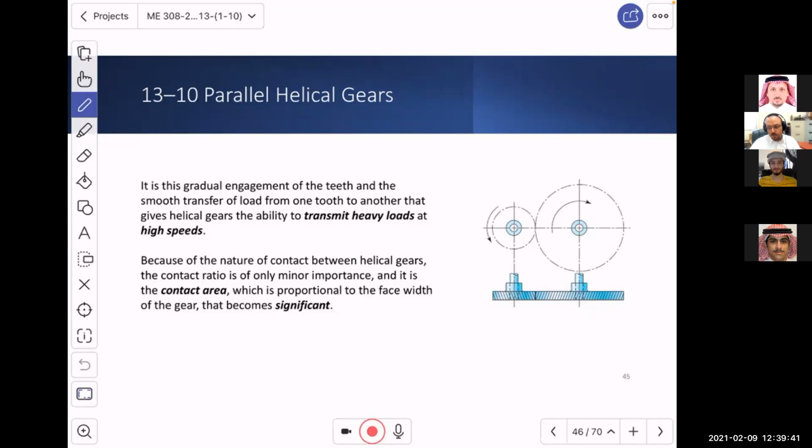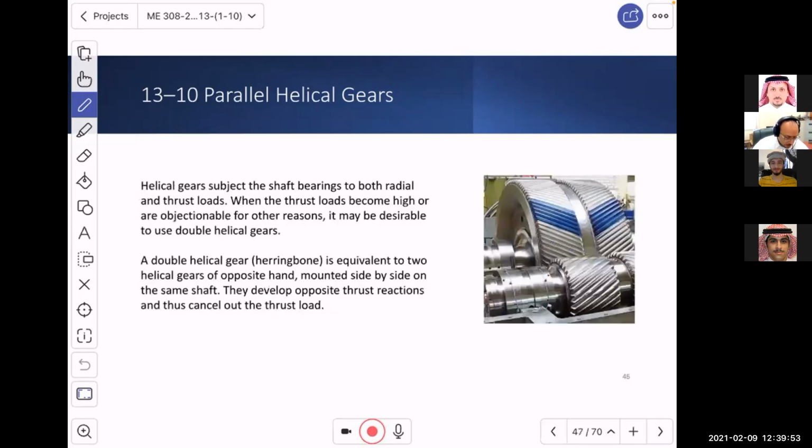So that's why, ya shabab, if you go to the industry around you, I can bet that you will see way more helical gears than spur gears, especially in the industry. Okay. Now we know that the helical gear produces thrust, and somebody might find this very annoying, and it is at the expense of something.